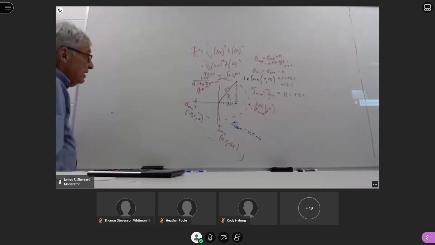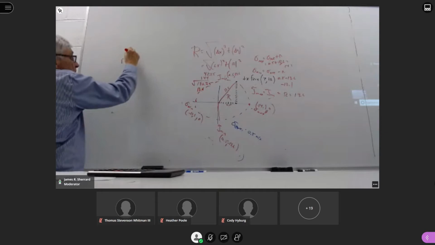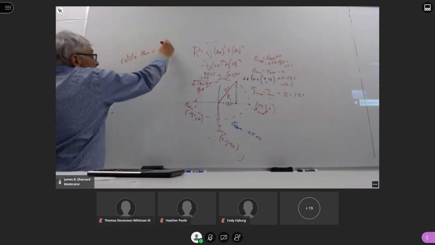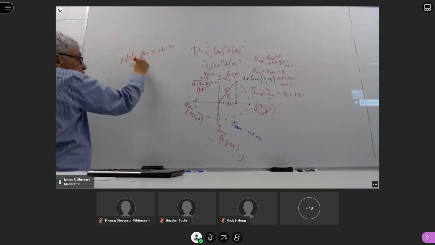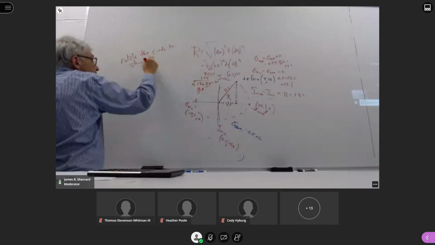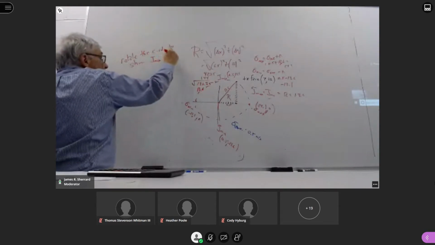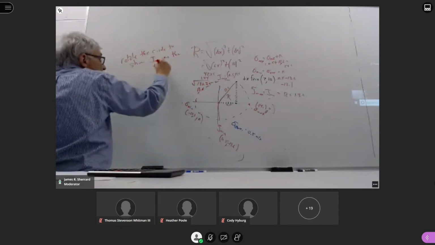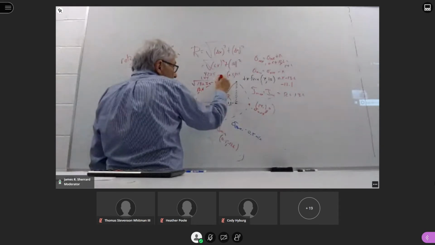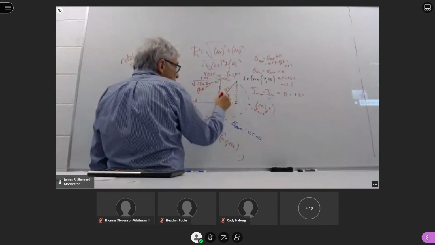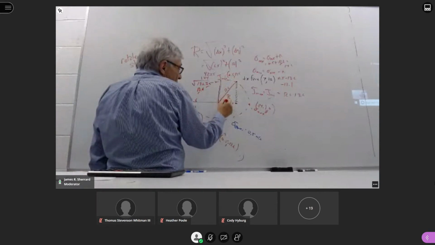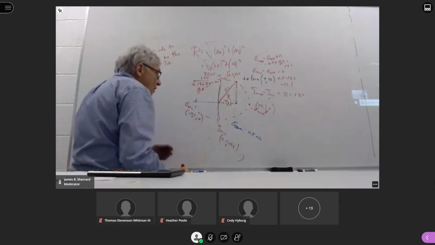Let's say I wanted to rotate the circle to show sigma max on the plus x face. So this is the point. So I'm going to rotate this point to here. So if I find out this angle, let's call this angle alpha.